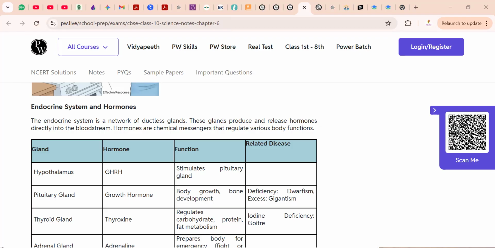So if there is any change, if it is too hot or too cold, there is a change in the environment. Any change in the internal or external environment that an organism detects is called a stimulus.